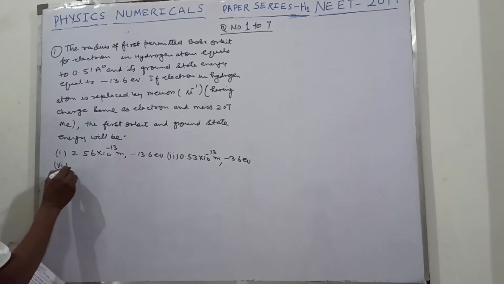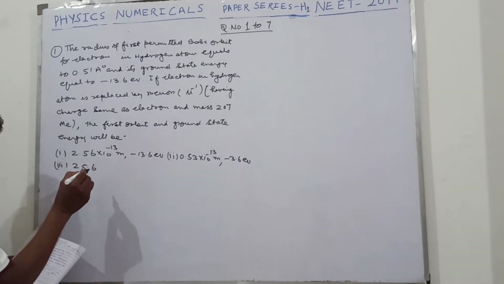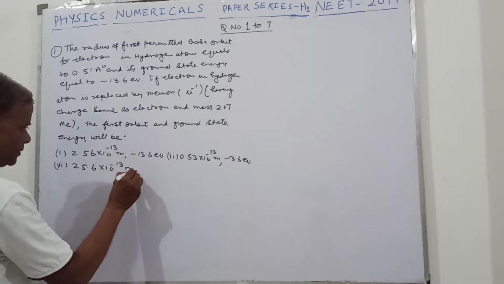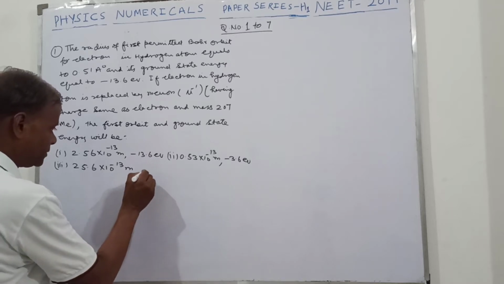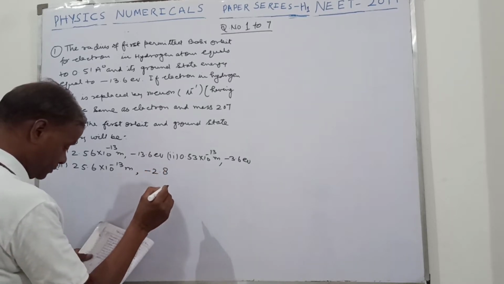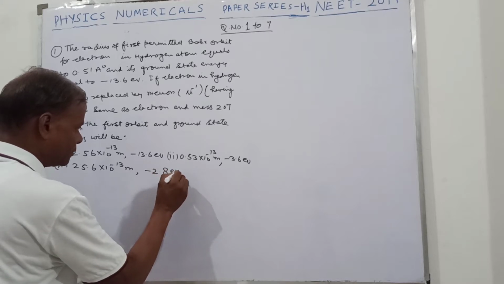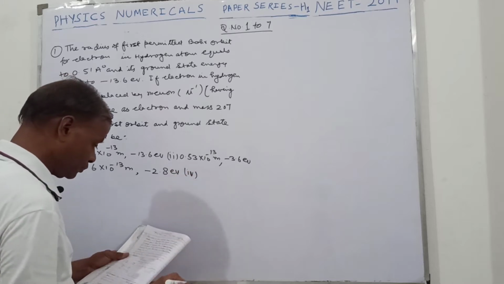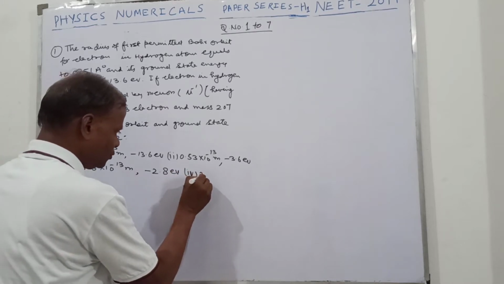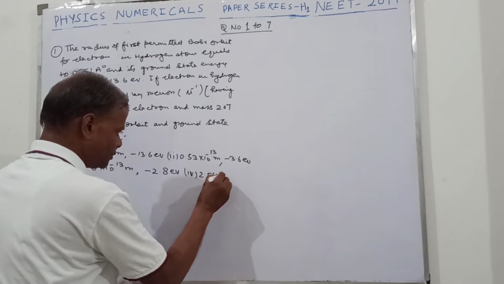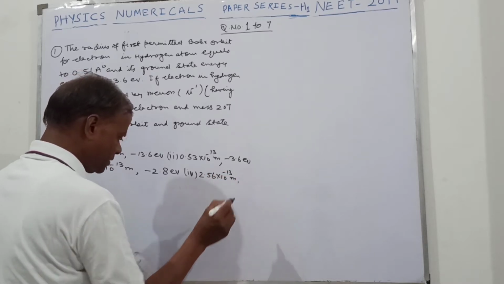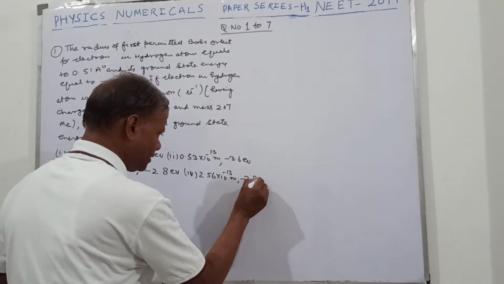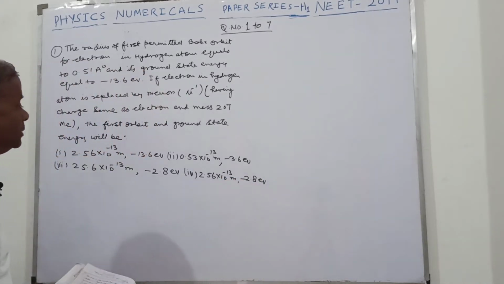Third is 25.6 into 10 raised to the power minus 13 meter, and energy is minus 2.8 electron volt. And fourth is 2.56 into 10 raised to the power minus 13 meter, and minus 2.8 electron volt. These are the options.